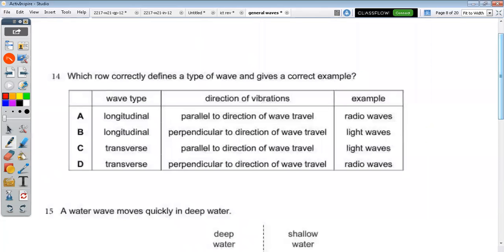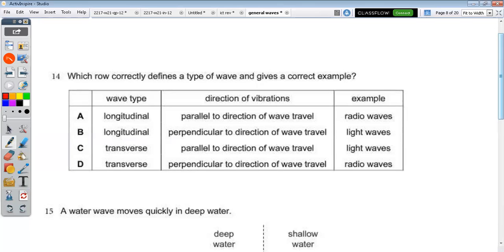Which row correctly defines the type of a wave and gives a correct example? What's the answer? Right now, you should know this. A. What did you say?